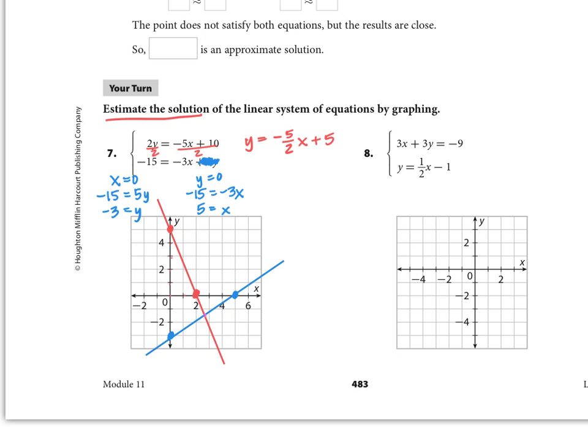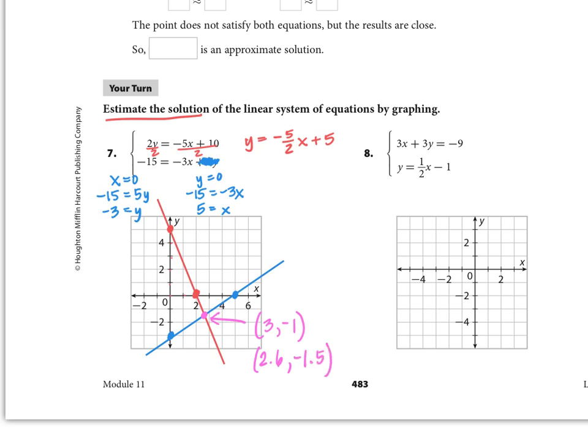Now, my intersection point is not a very nice number here. So a couple things that we could do. We could estimate it to the nearest whole point, and that would be about 3, negative 1. Or you can try to make it more accurate by using decimals. So I can say something like 2.6, negative 1.5.